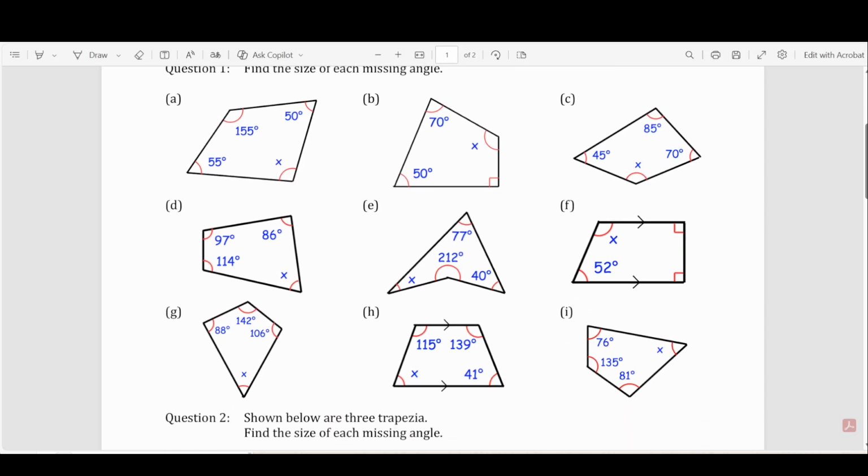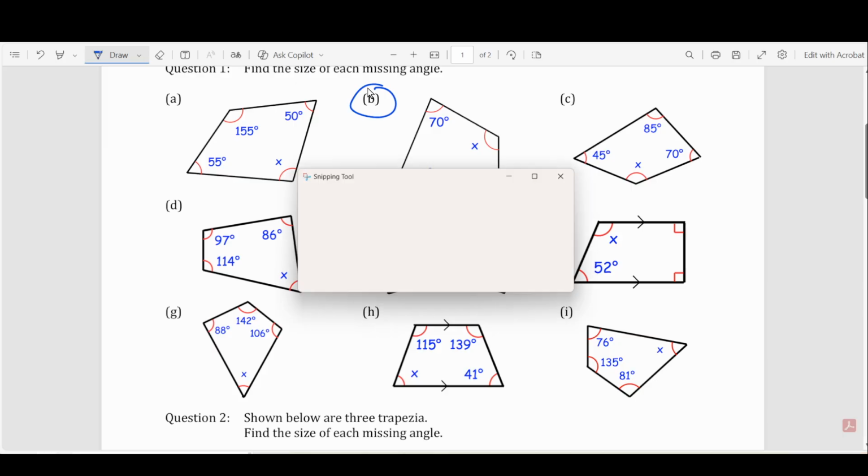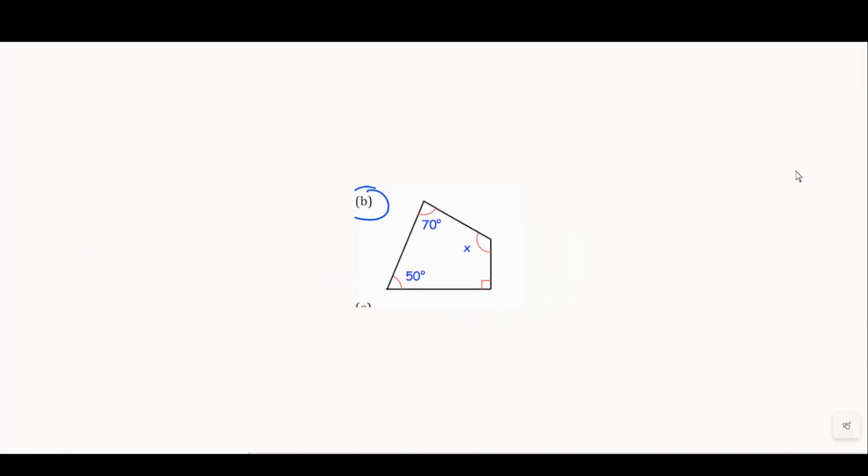Okay, so let's try the second one. Again, we know the sum of all interior angles in a quadrilateral is 360 degrees. This is a right angle, 90 degrees. So we can write 70 plus 50 plus 90 plus x. All these four interior angles should add up to 360 degrees because this is a quadrilateral.